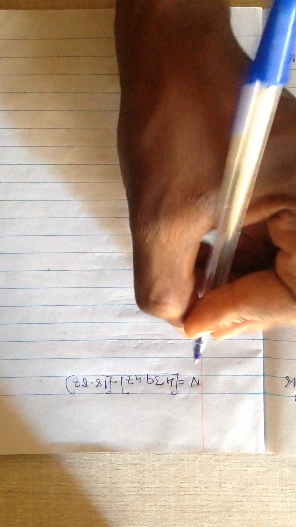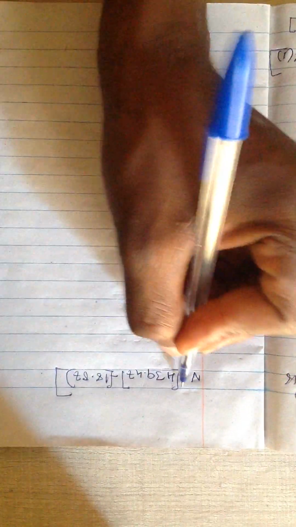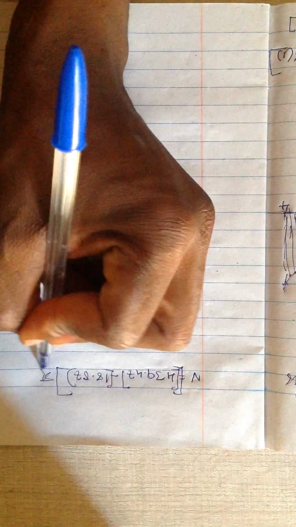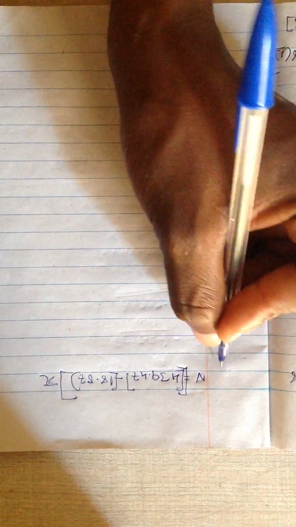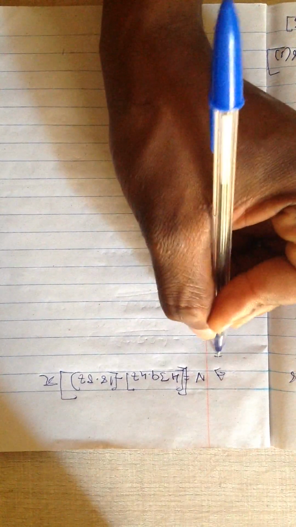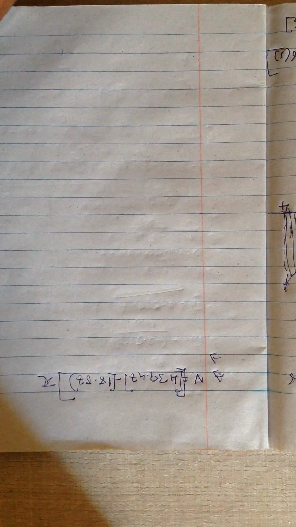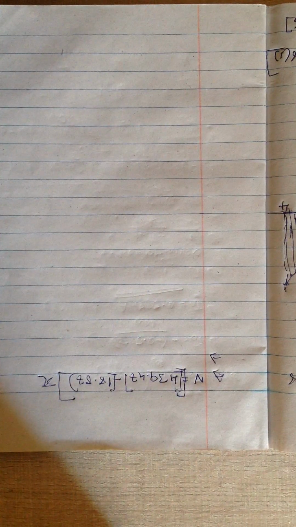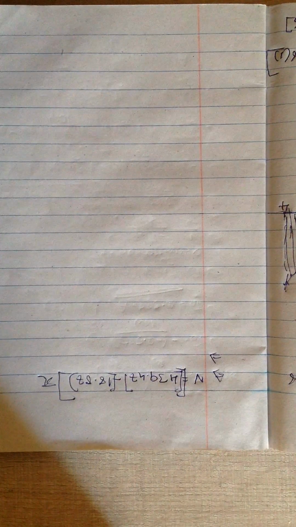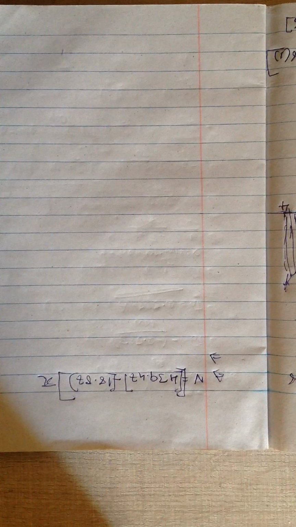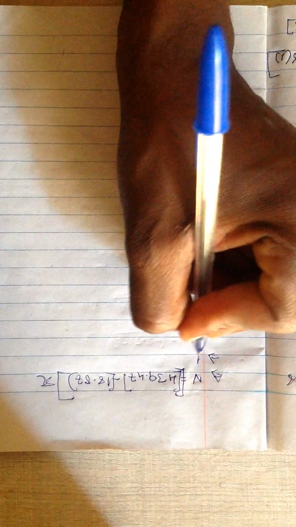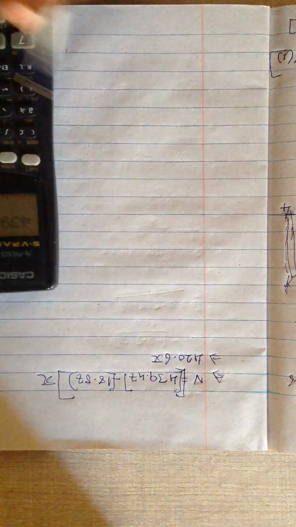Okay, so remember here we have our pi outside. Don't forget the pi. So the final answer will be 439.47 minus 18.87. We're going to have 420.6 pi.